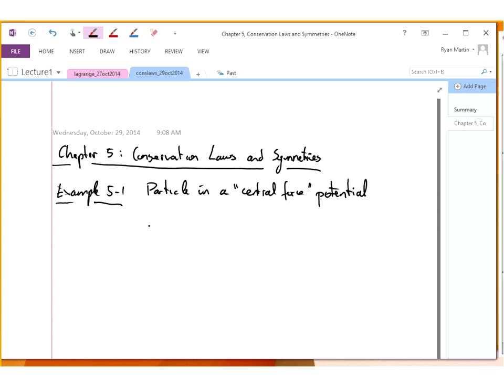So let's write out the Lagrangian in Cartesian coordinates. It is going to be a half m (x dot squared plus y dot squared plus z dot squared) minus the potential.